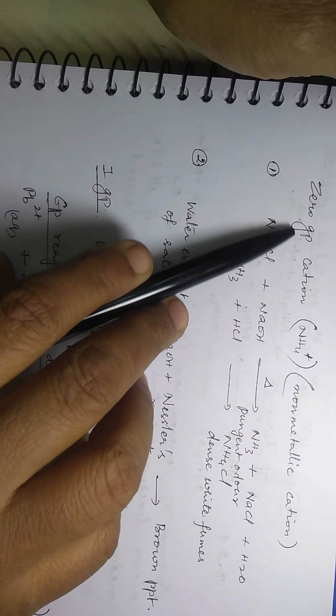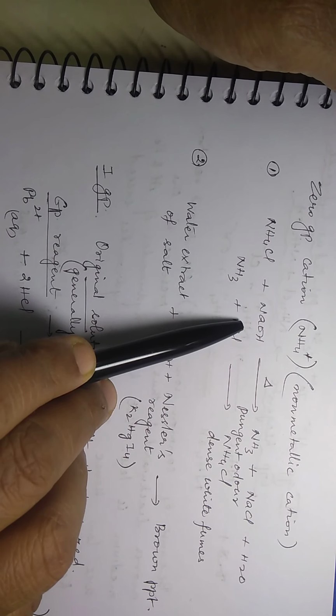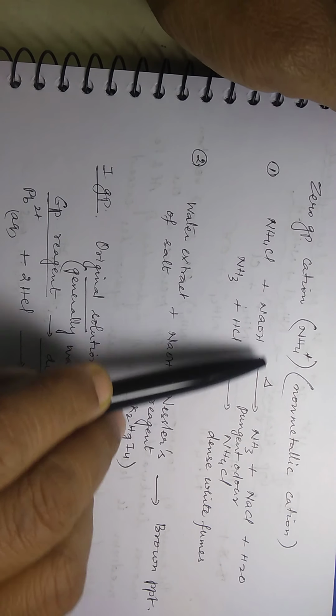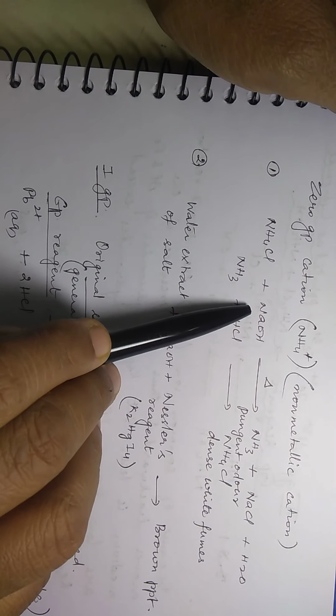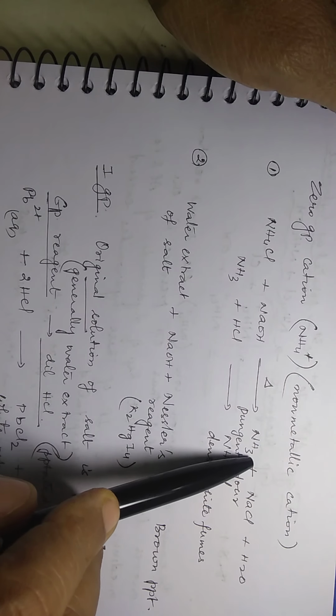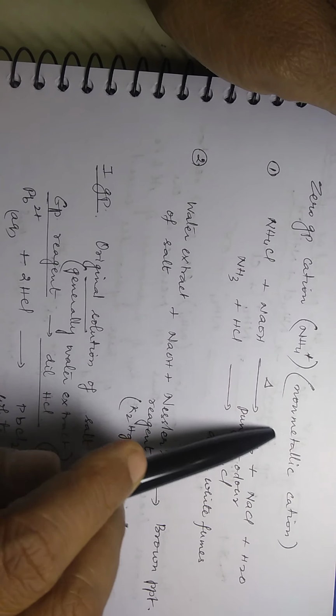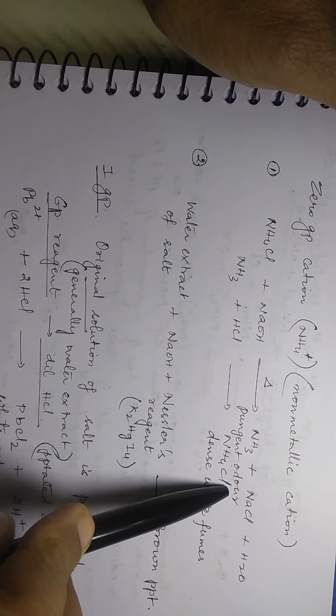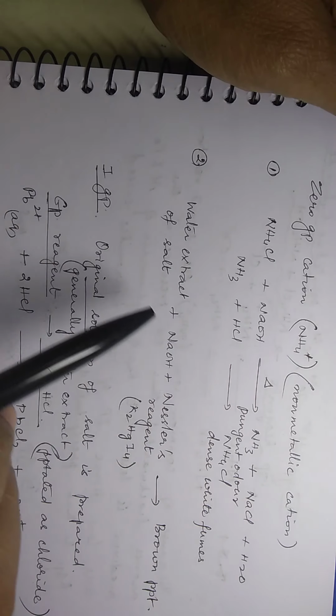Now this ammonium salt is treated with sodium hydroxide and heated. Since it is an ammonium salt, on heating with NaOH, ammonia gas will come out. And this ammonia gas has a pungent odor, pungent smell, is it not?